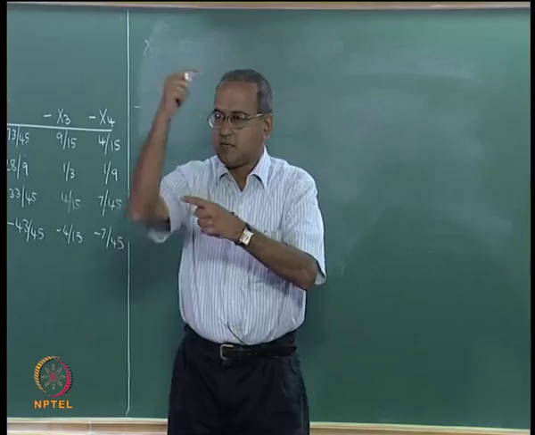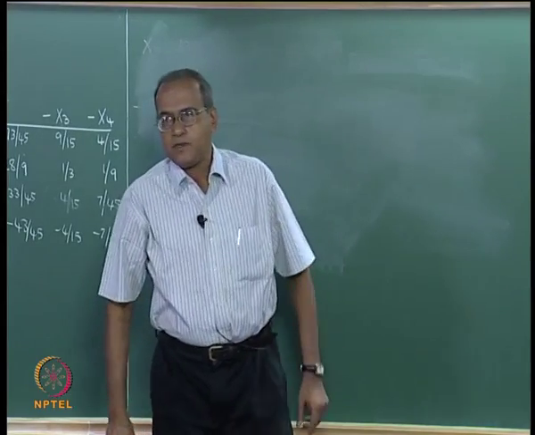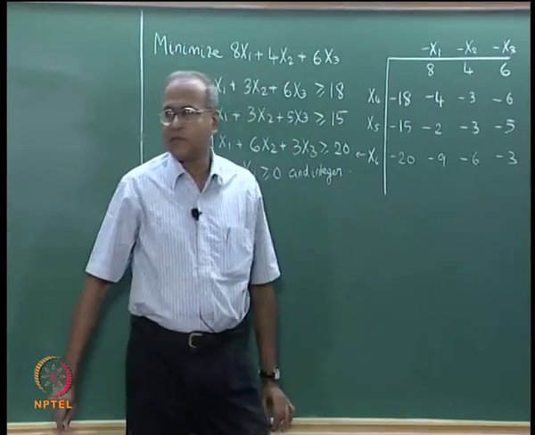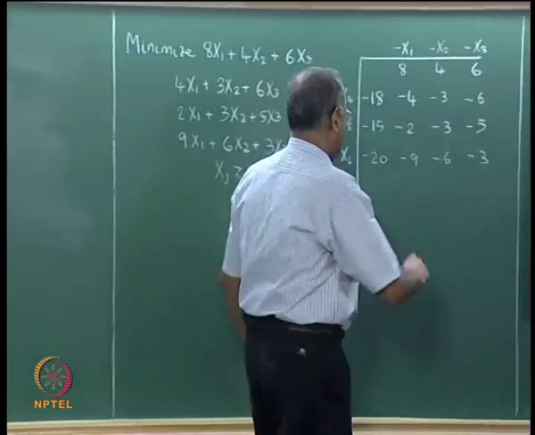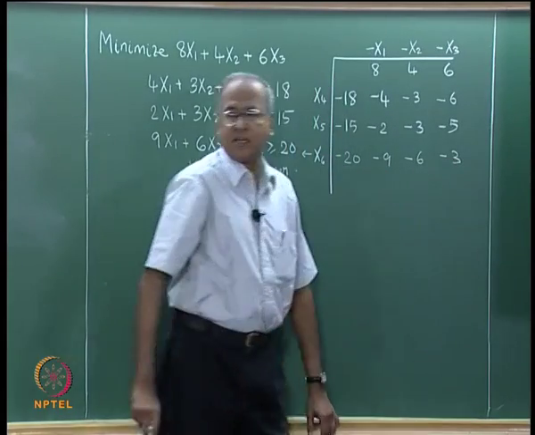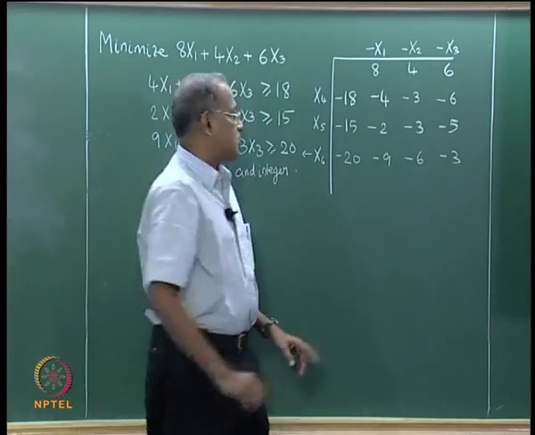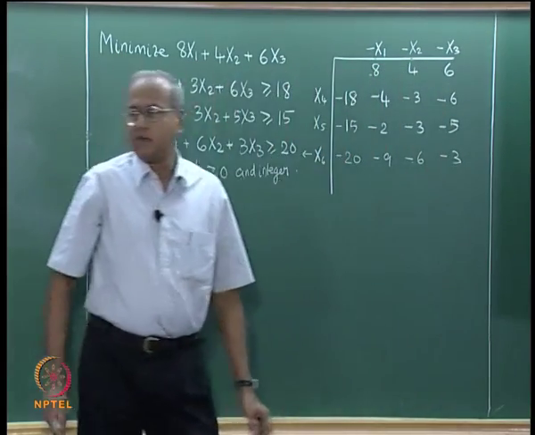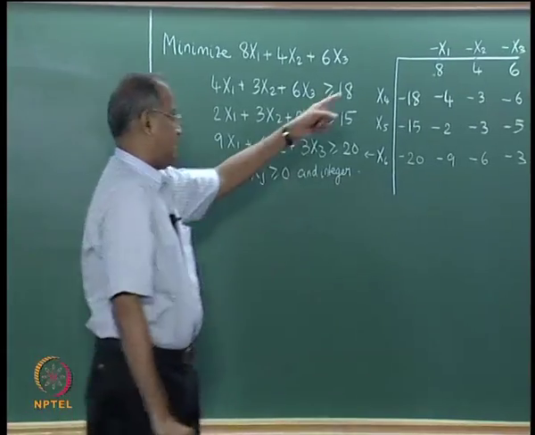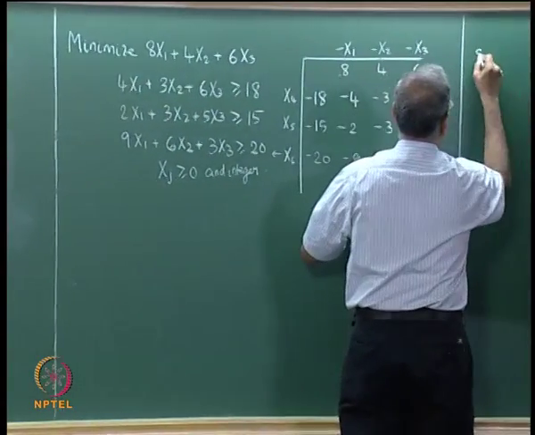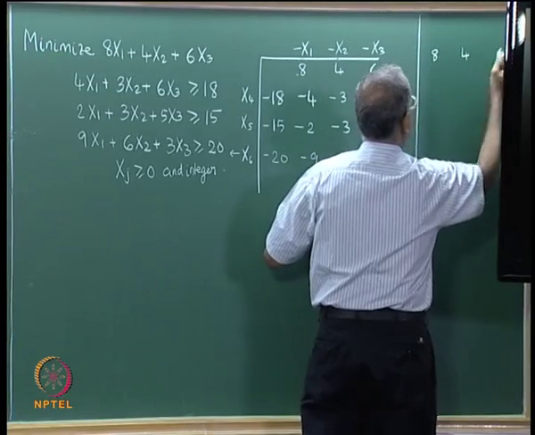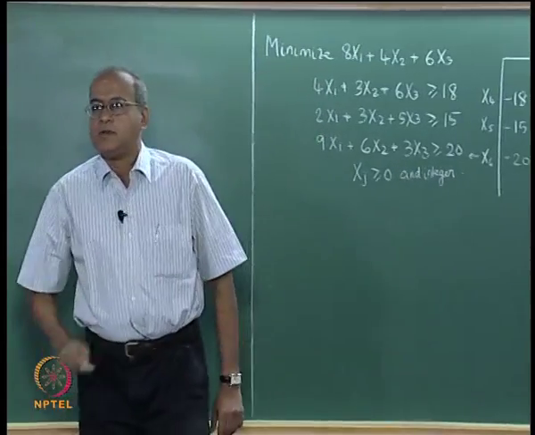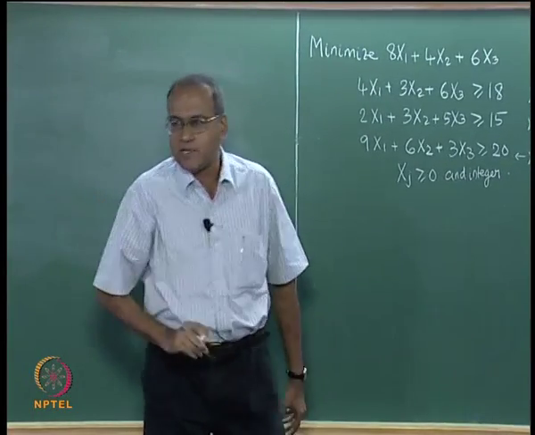So if we revisit the all integer dual algorithm, this is the source row, and then we look at how many of these have negatives. All 3 of them have negatives. So we go to the corresponding values 8, 4 and 6, and the smallest one is 4, so divide by 4 and take the lower integer value.